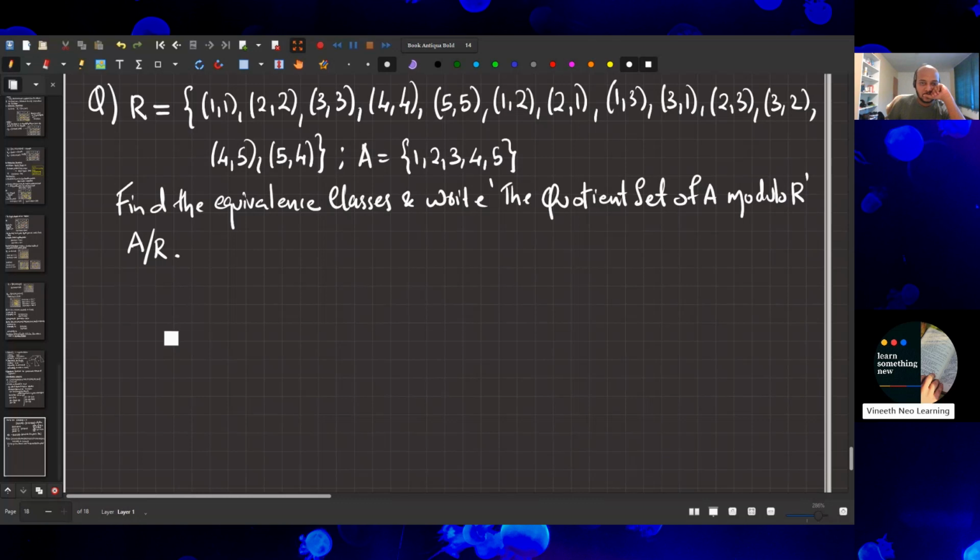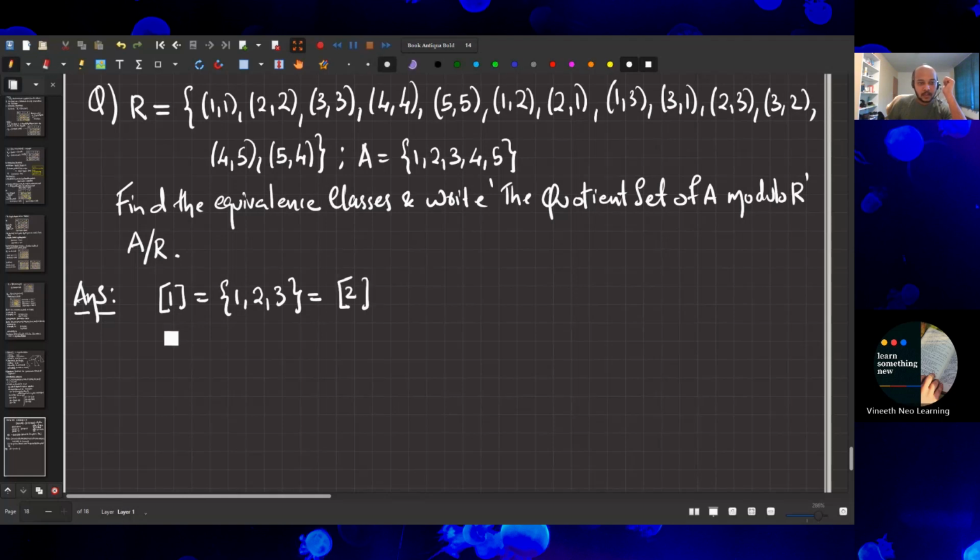Joe, find the equivalence classes. For 1 it is {1, 2, 3}. Yes, exactly. So that will also be the equivalence class of what? 2 and 3, exactly.